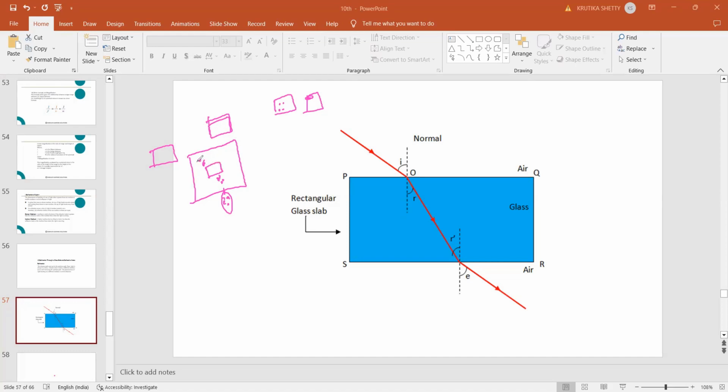Wherever the first two pins were, where the object was, there we draw a line. Then down here we have two points, so we join those two lines also. After removing the slab, we also join the center line here. And for our reference we will draw the normal to the surfaces.